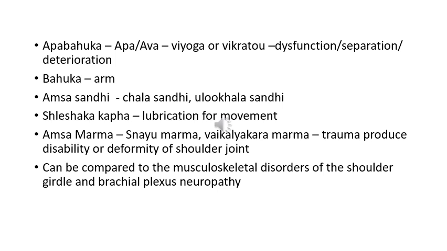When we consider the Amsa-sandhi, or the area of involvement of this disease, the basic information is that it's a Chala-sandhi, an Ulukhala-sandhi, a ball and socket type. Shleshaka kapha is needed for the lubrication for movement of the joint.